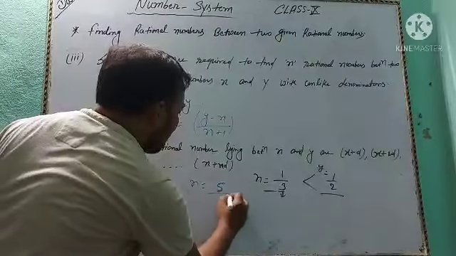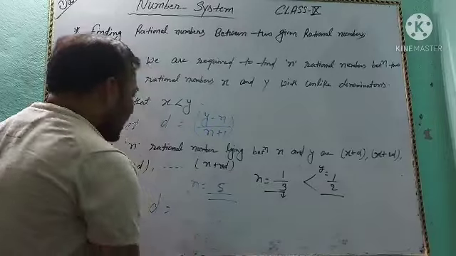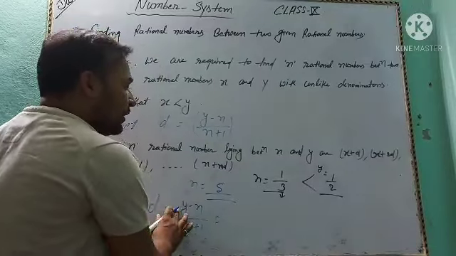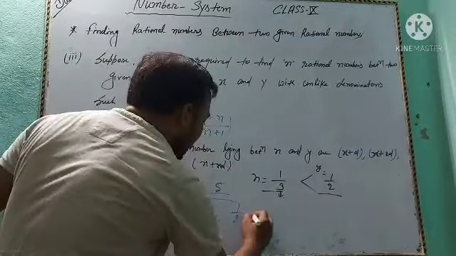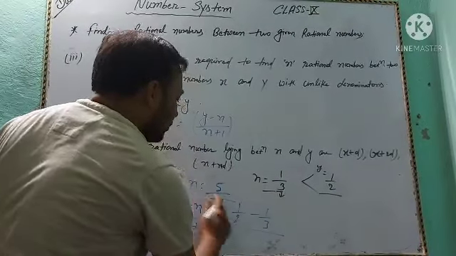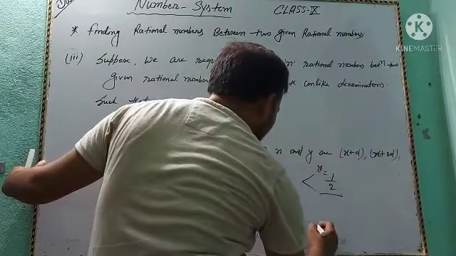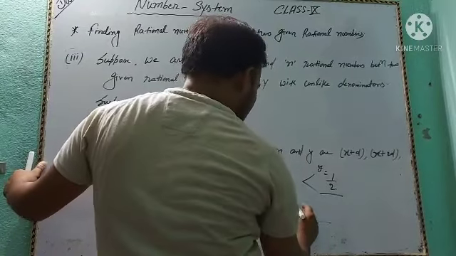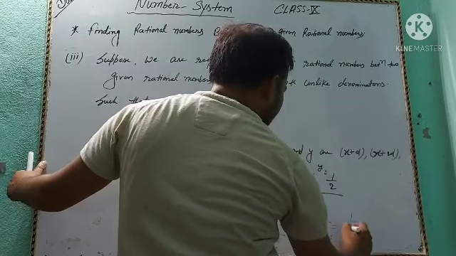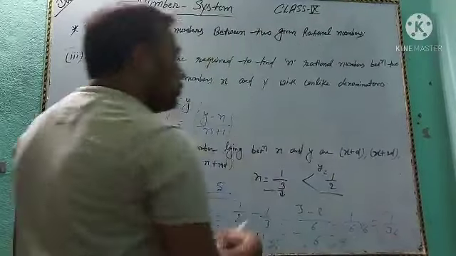First of all, in this condition, we find d, and d is equal to (y minus x) by (n plus 1). y is 1 by 2 and x is 1 by 3, and n plus 1 is 5 plus 1, equal to 6. So students, take LCM 6: (3 minus 2) by 6, that is 1 by 6. 1 by 6 multiplied by 1 by 6 is 1 by 36. So d is equal to 1 by 36.